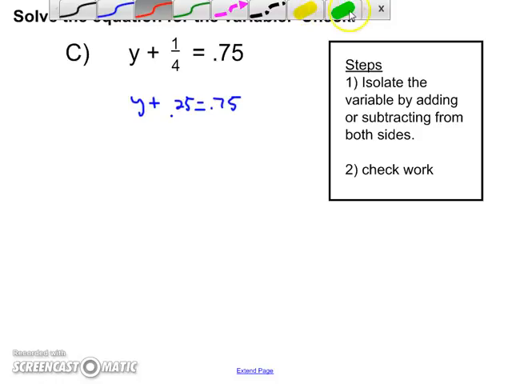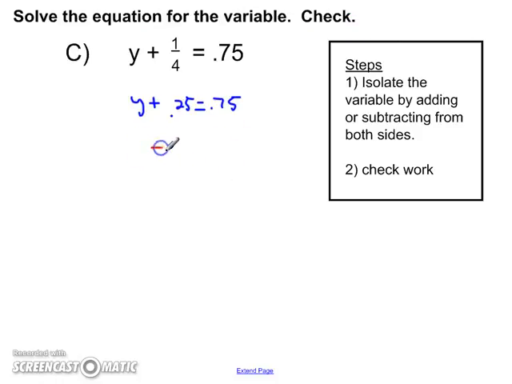To undo a plus 0.25, I subtract 0.25 from both sides. If I subtract from both sides, 75 minus 25 is 50, so this is 0.50. That's a half.